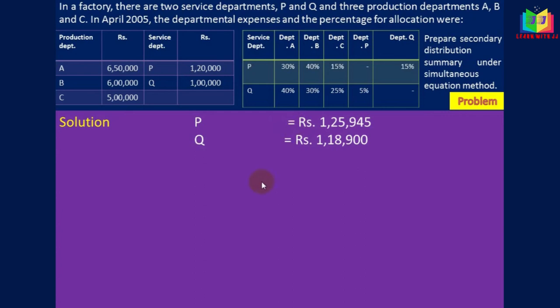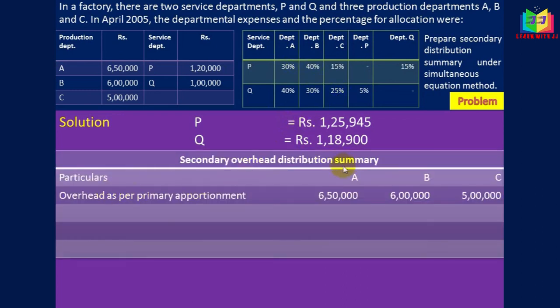Now we have to allocate these on the basis of the percentages given. This is the format, the secondary overhead distribution summary. I have written the overhead as per the primary apportionment: for A 6,50,000, for B 6 lakh and for C 5 lakh.